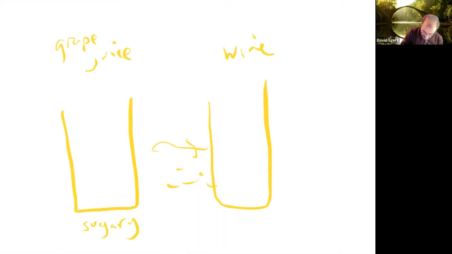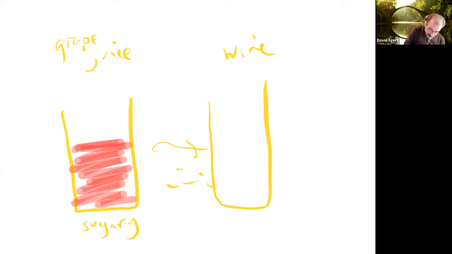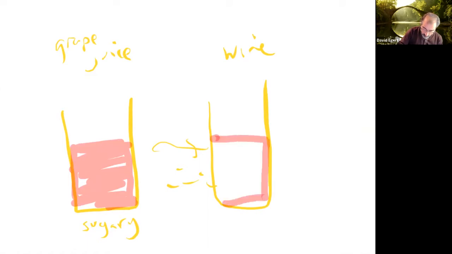Let me give it a color. So here is my sugary grape juice, and here is my wine, where most of the sugars have been converted into alcohol. From just looking at it, it's kind of hard to tell. But if you take what's called a hydrometer, this kind of weight, and you drop it in there.